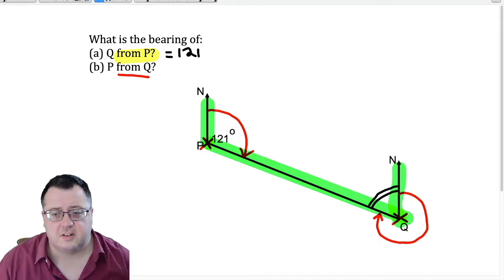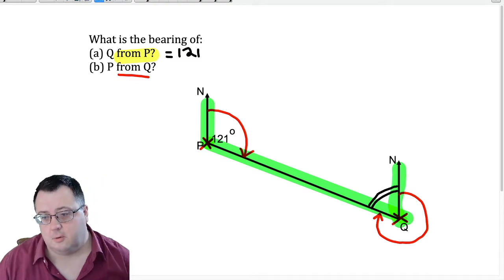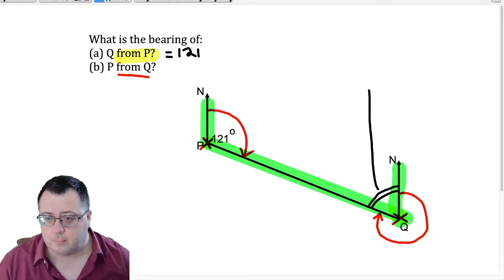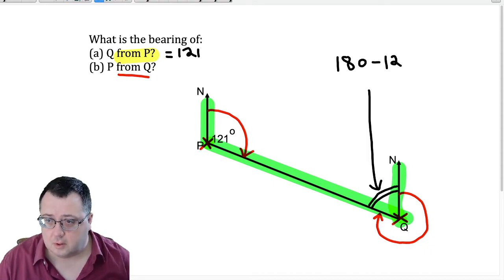And this generates an allied angle. Allied angles add up to 180 degrees, which means this angle here is going to be 180 subtract 121, which I believe is 59.